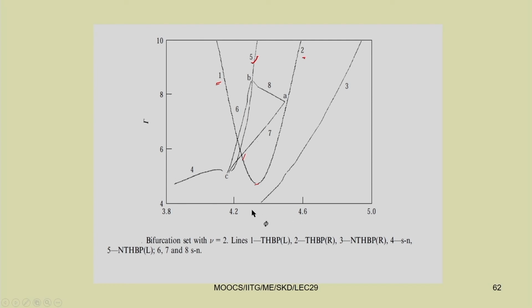Similarly, between 3 and 5, 5 is the non-trivial Hopf bifurcation point and 3 is also a non-trivial Hopf bifurcation point. This is 3 and this is 5. In between also you can have this periodic response, and so within 2 and 5.